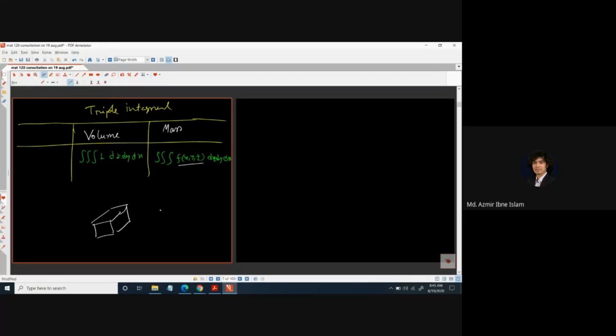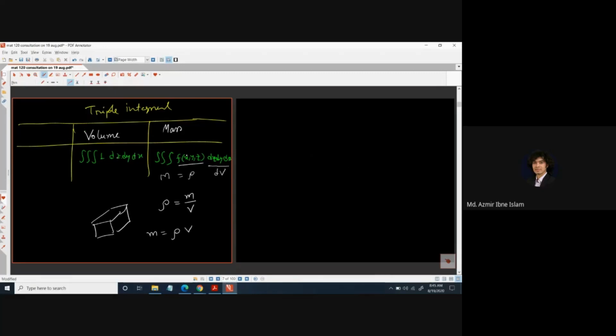You know from the concept of physics that rho equals m by v. That means density equals mass over volume. So m equals rho times v. So you can see dz, dy, dx is actually dv. So with a function, let's say this is rho, rho times v will actually be mass.